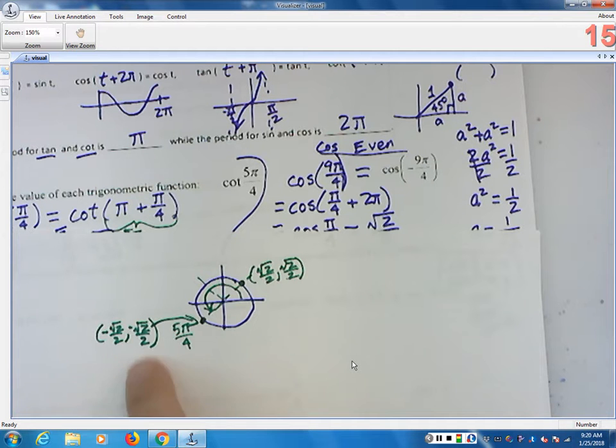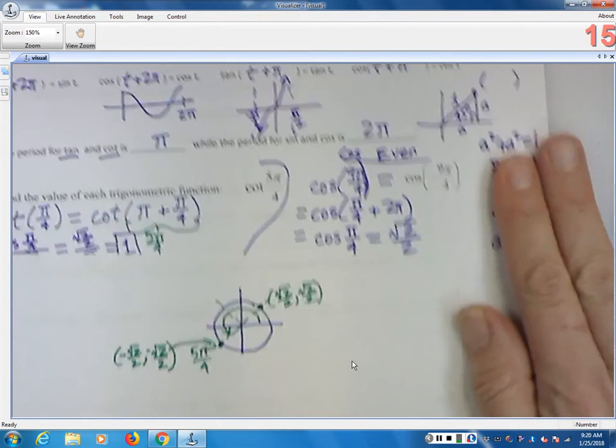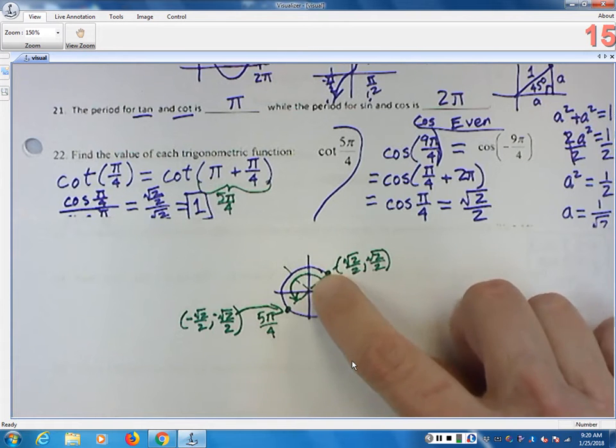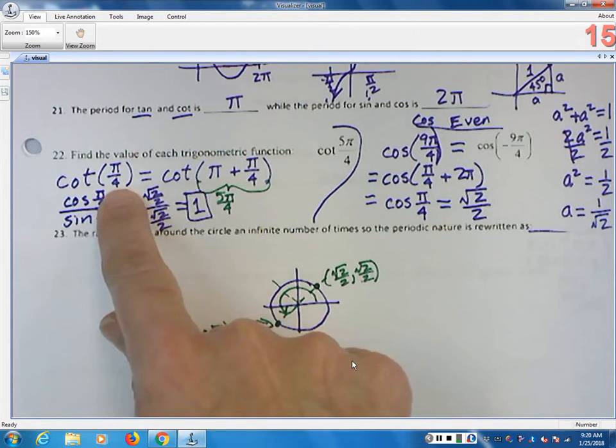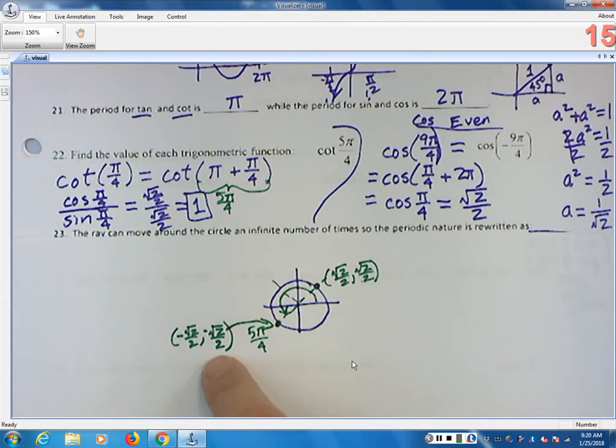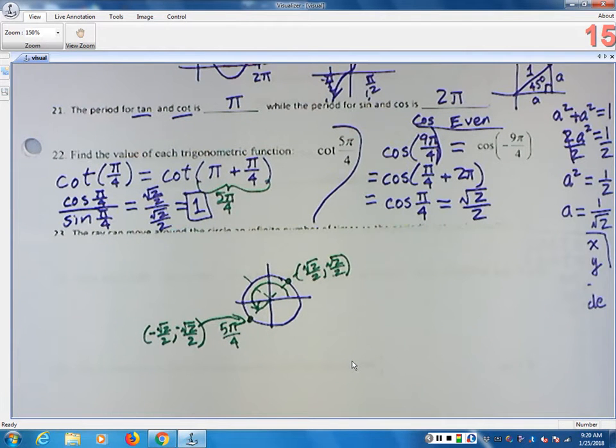That's why this was equal to that. If we're dividing two negatives, we still get positive 1. So you can draw the picture to figure out why this is equal to cotangent of 5 pi over 4. Thinking about it visually there, and draw the other one.